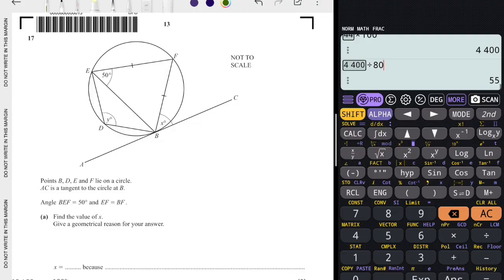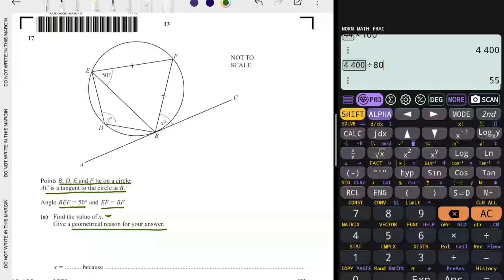Points B, D, E and F lie on a circle. AC is a tangent to the circle at B. Angle BEF is equal to 50 degrees and EF is equal to BF. Find the value of x. Give a geometrical reason for your answer.